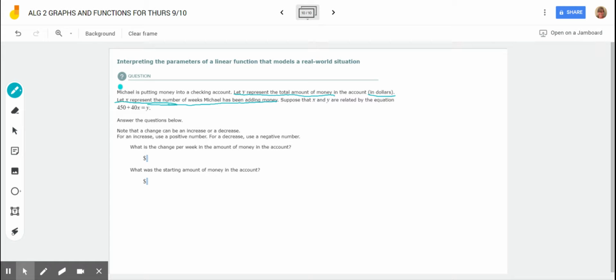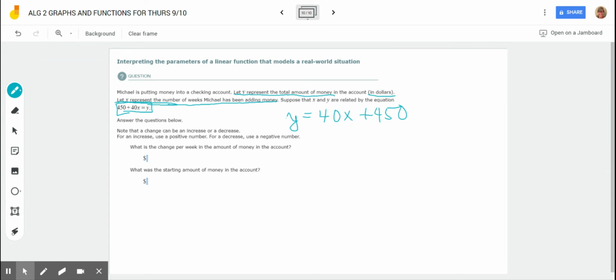All right, so basically every week he's going to be depositing a certain amount of money. And Y is the total amount of money. Again, talking yourself through these problems is a very good way to work through the logic of it. It says, suppose that X and Y are related by the equation. So here they're telling you Y is equal to 40X plus 450.